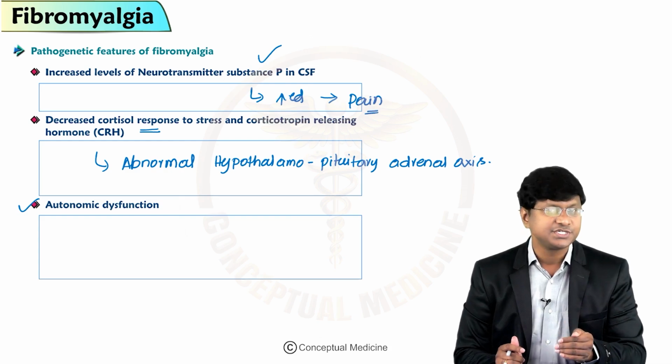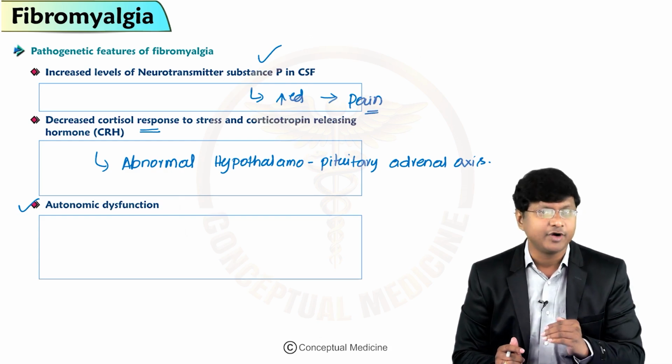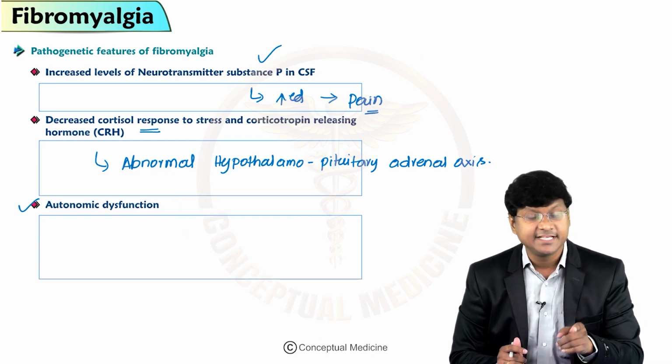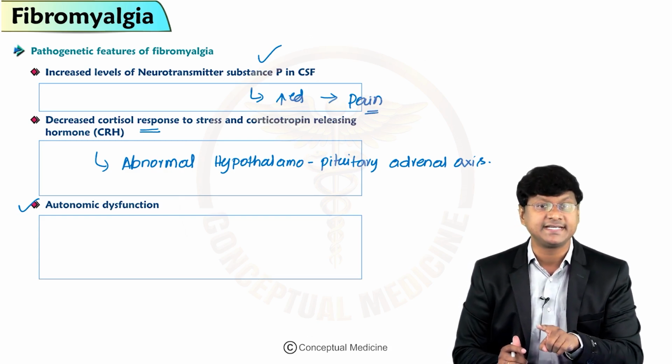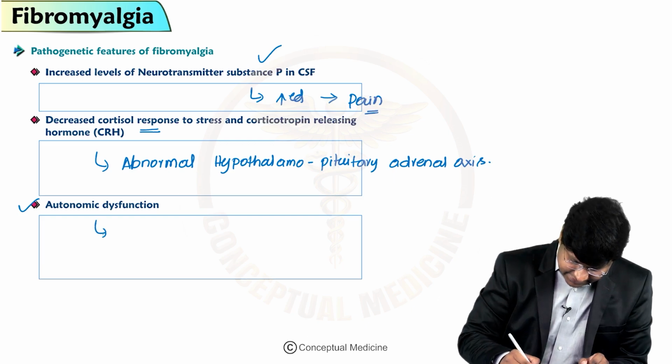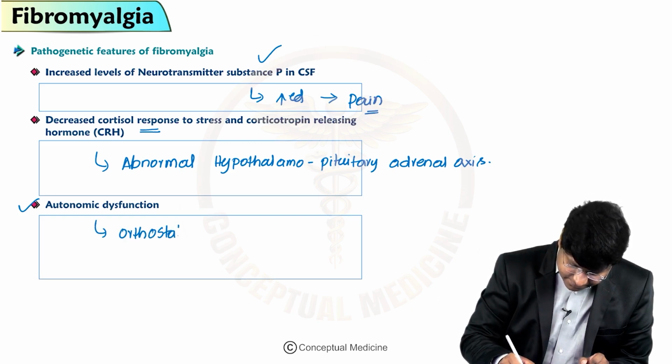In these patients with fibromyalgia, they have autonomic dysfunction, and this will manifest as orthostatic hypotension on tilt table testing.